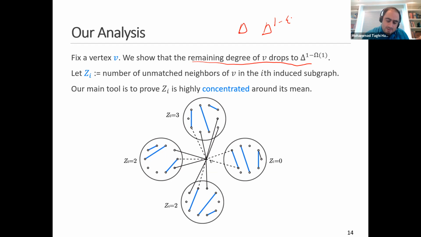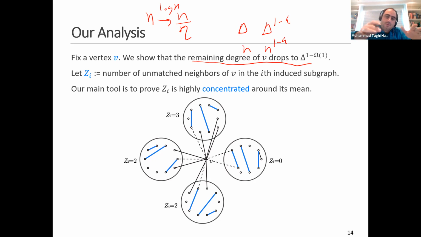If you remember when we discussed divide and conquer, we mentioned that if you go from n to n over 2, or n over any constant, essentially the depth of the recursion would be log n. So if you go from n to n over 2, the depth would be log n. Here, we are going from delta to delta to the 1 minus epsilon, or you can think about it as going from n to n to the 1 minus epsilon.